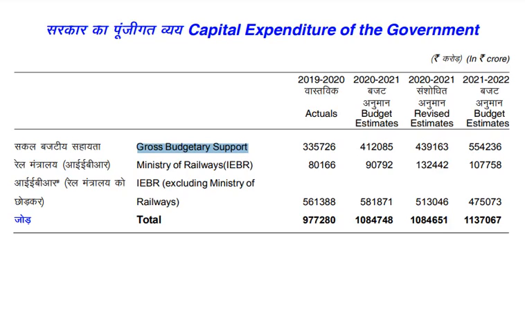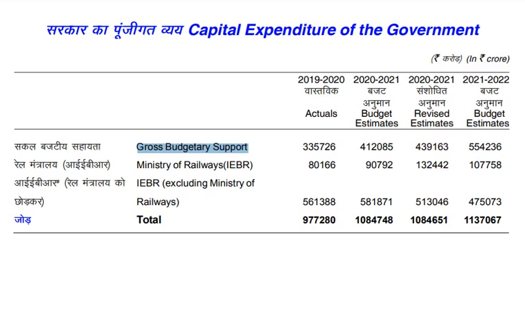If the government starts this plan, then for the next 5 years whatever amount they have assumed or thought of would be spent under this gross budgetary support.